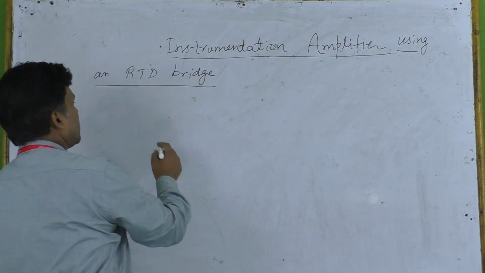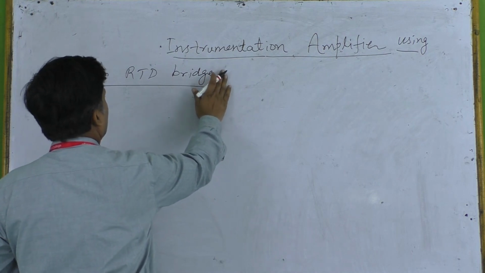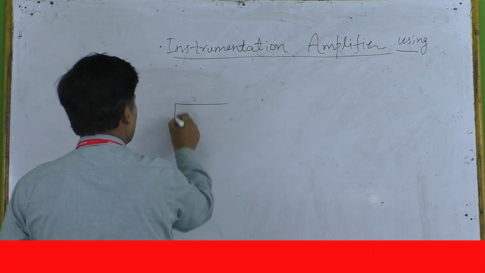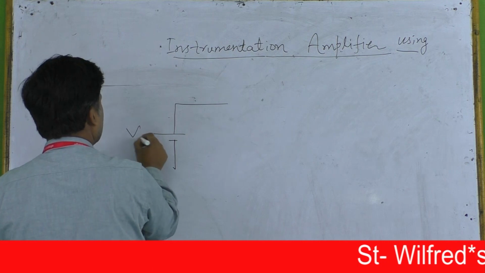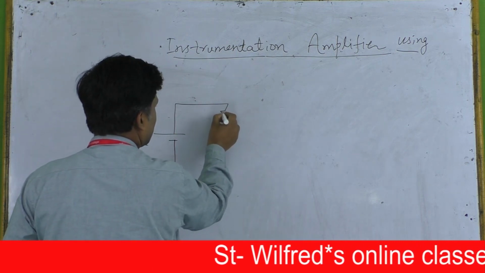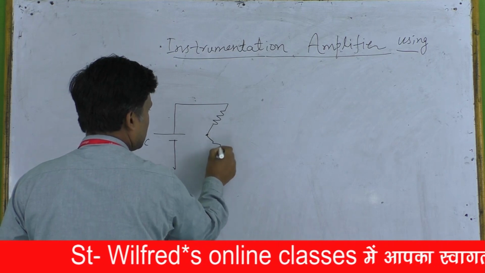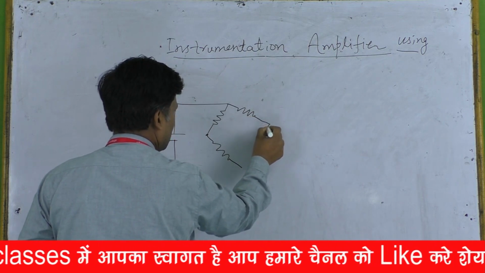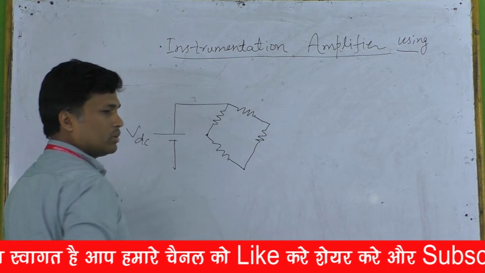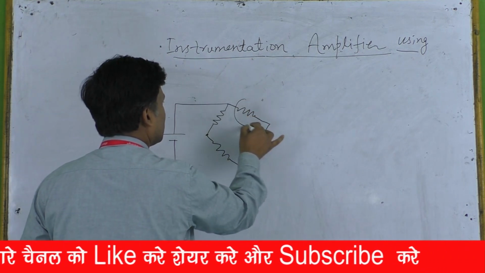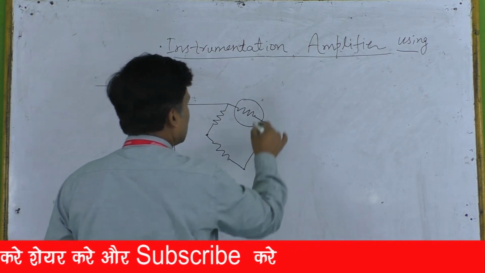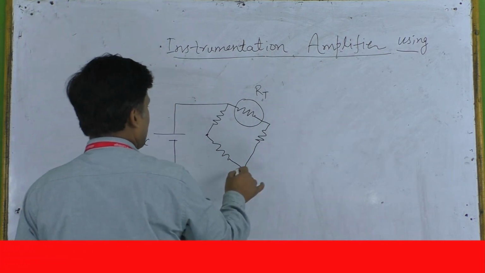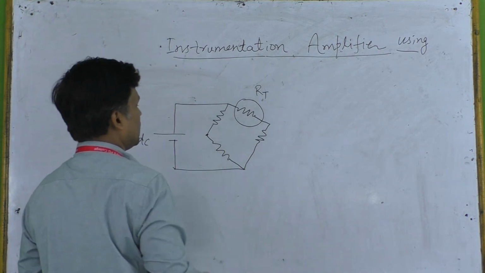So this is just an application. First we need to understand the bridge, which is usually a Wheatstone bridge. Let's see, we have a DC supply over here, VDC, and there is a bridge that consists of 4 arms. Out of these 4 arms, we choose a particular arm with a temperature dependent resistor, say RT, and connect this particular node.